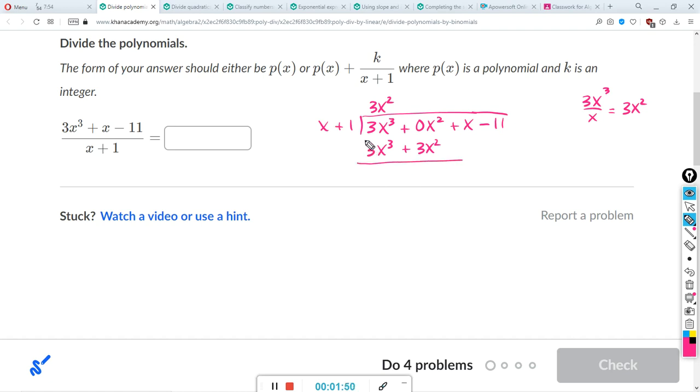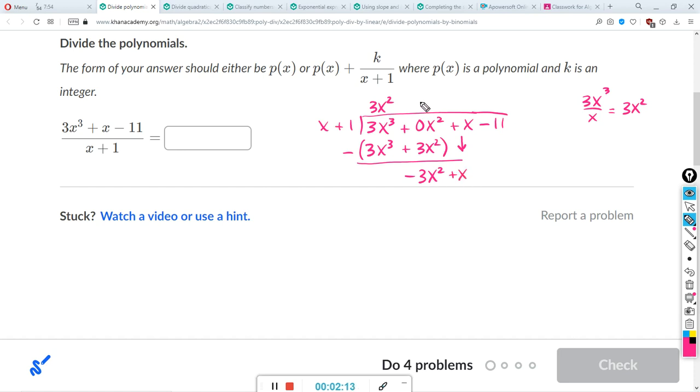Use parentheses and subtract. 3x to the third minus 3x to the third, that's just 0. 0x squared minus 3x squared is negative 3x squared. Bring down the next term. That's a positive x.